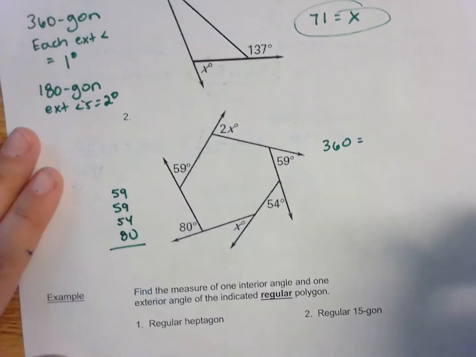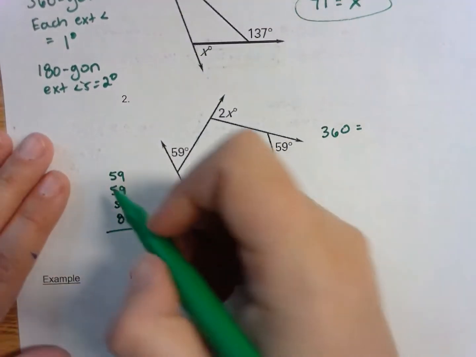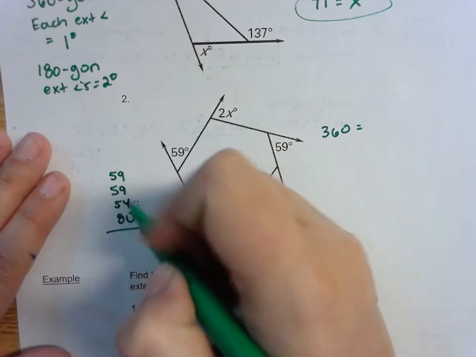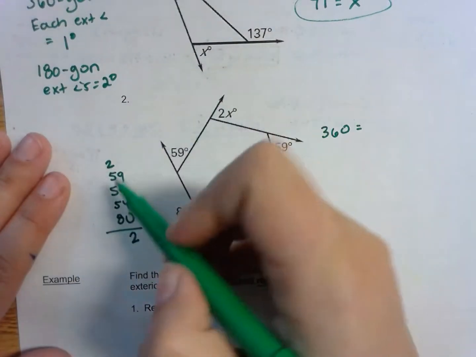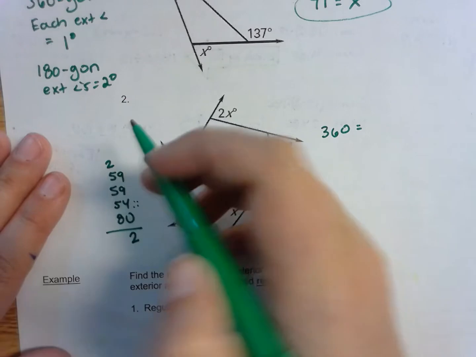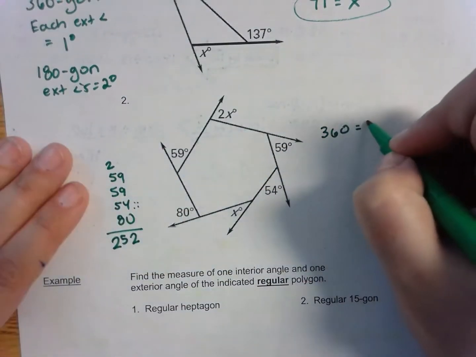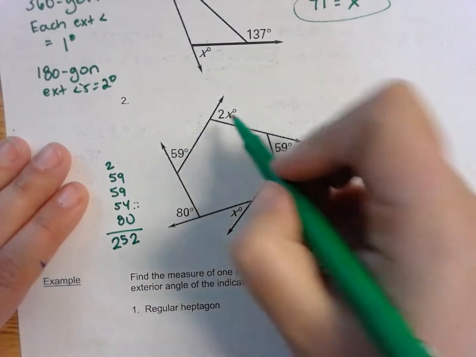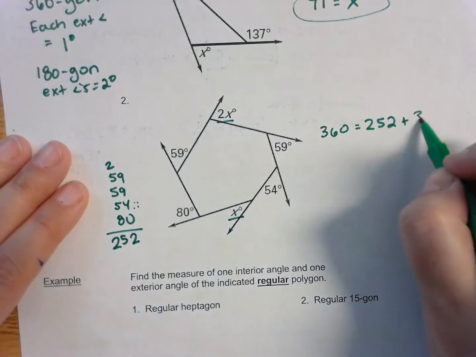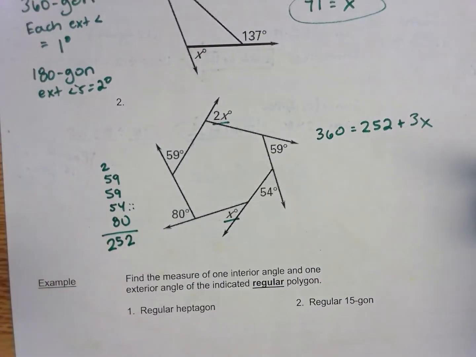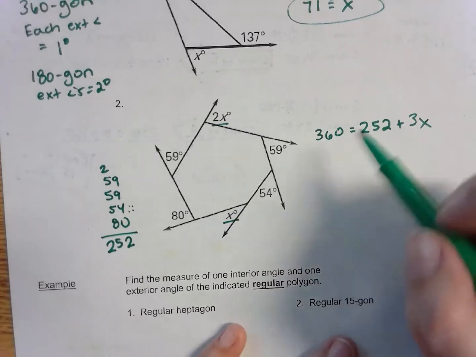So I'm just going to add my constants up. 18, 19, 20, 21, 22, 23, 25. And then I've got 2x and 1x, so that's 3x. So there's my equation, or you could deal with it other ways.